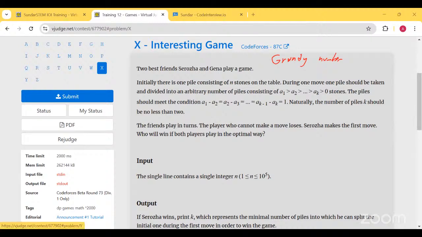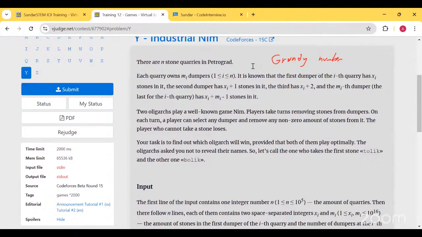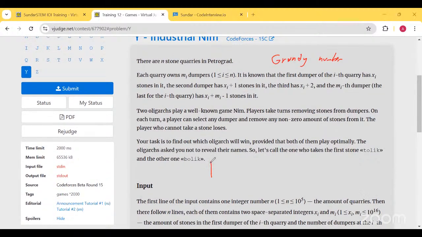But in some games, for example, a game like this, given an array of integers, each player can decrease one of the values with a divisor.